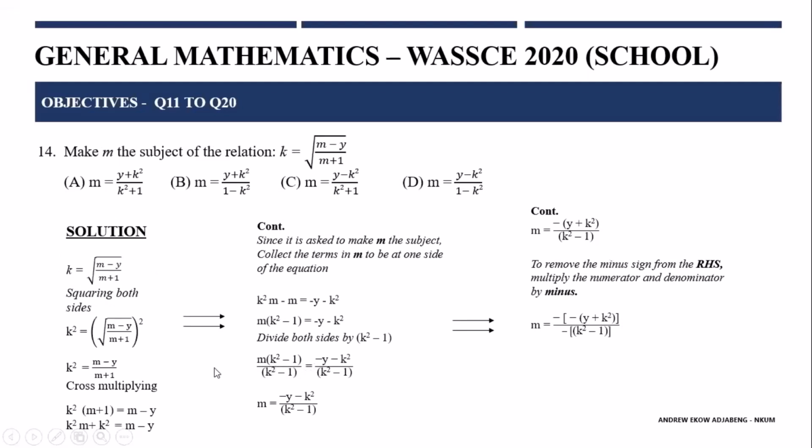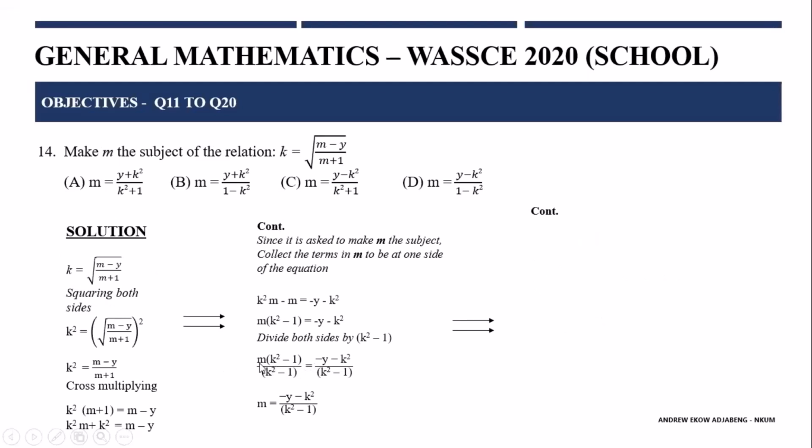And that results in m. In the next step we see here, we cancel out the k squared minus 1 on the left-hand side, and that gives us m equals this. This will mean that our m equals minus (y plus k squared) all over (k squared minus 1).